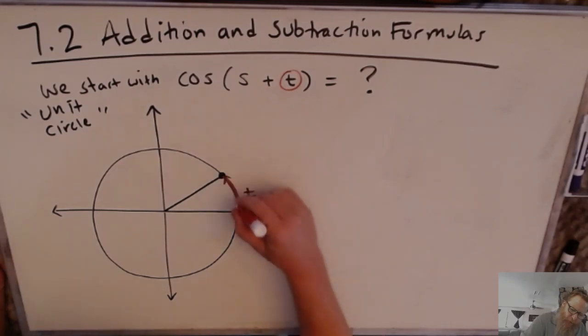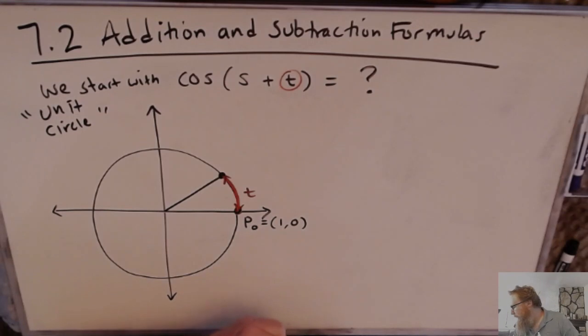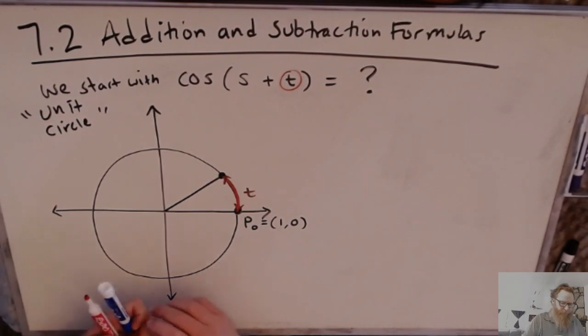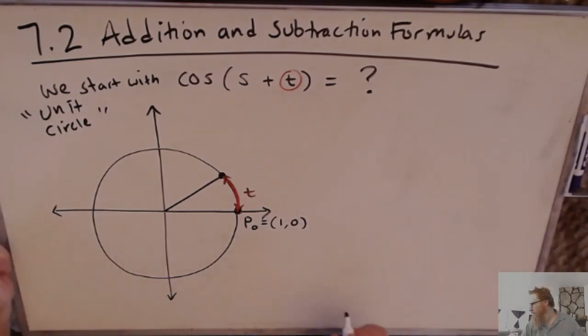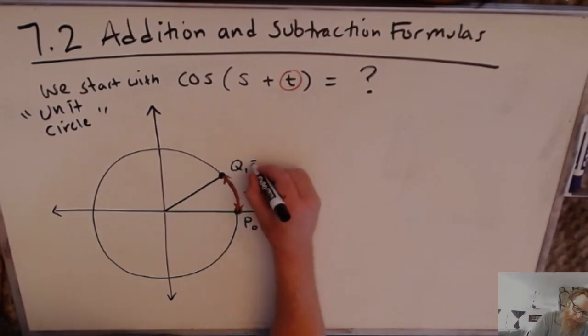So let's start with T. T would be the angle from P0 to this point here. I guess I'll call this Q1.